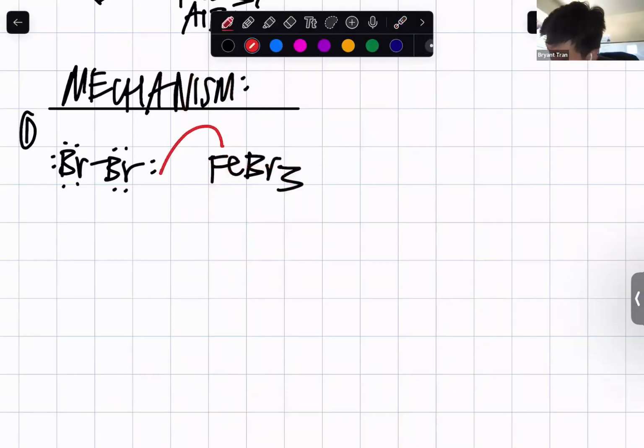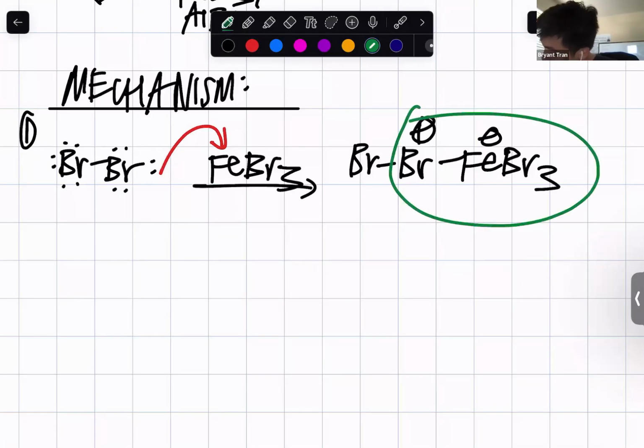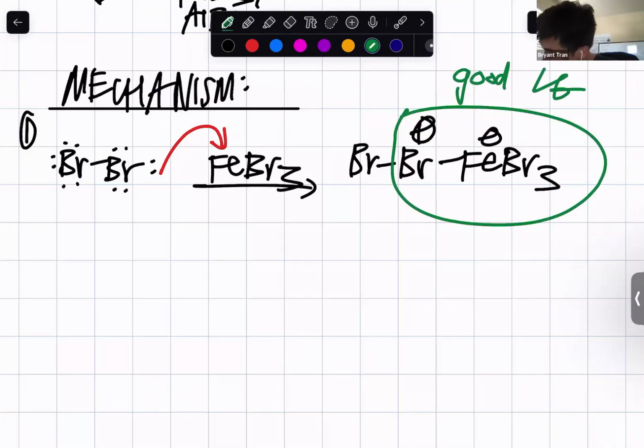So one of the bromines here, the Br2, we use one of its pairs of electrons to attack that iron right there to create a bond between that bromine and iron to give us this intermediate right here. Now, once you have this species right here, think of this as a good leaving group, and think of this as your electrophile.